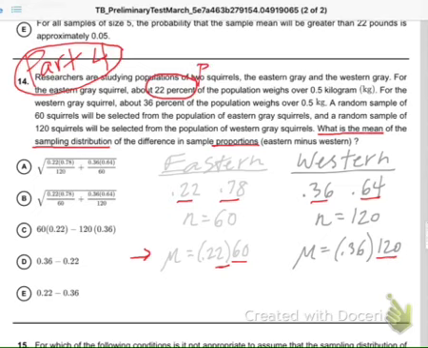That's P Eastern, and this is P Western, and that's what the sampling average is going to target. Now, what are we doing? We're doing the difference. So that's reading the question very carefully before you jump to the answer. So really, they're asking for this number minus this number, and that's why this is the correct answer.